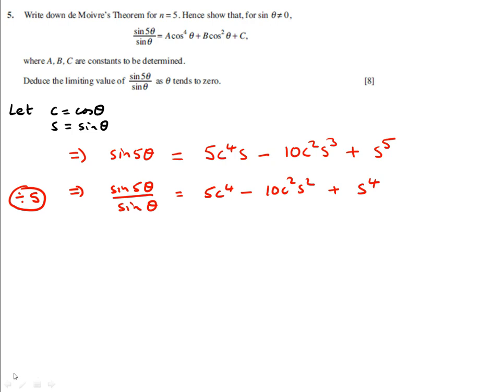What we need to remember at this stage is that we know that cos squared θ plus sin squared θ is always equal to 1. So therefore sin squared θ is 1 minus cos squared θ, or s squared equals 1 minus c squared, and sin to the 4 θ is the same thing as sin squared θ squared, so that's 1 minus cos squared θ squared.